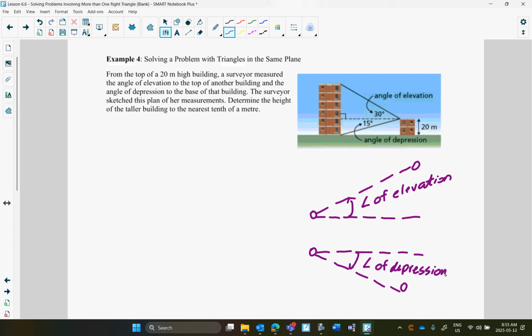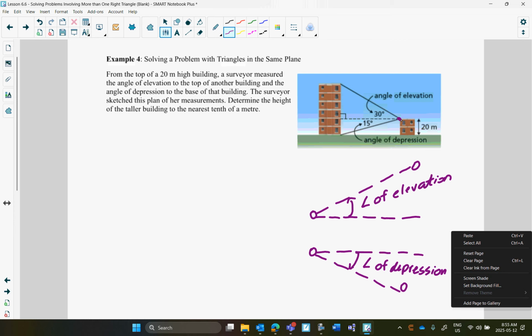In this problem, we've got a surveyor who is on top of a 20-meter building, and they're looking at a taller building away from them. They know that the angle of depression, if they look down to the bottom of the building, is 15 degrees.